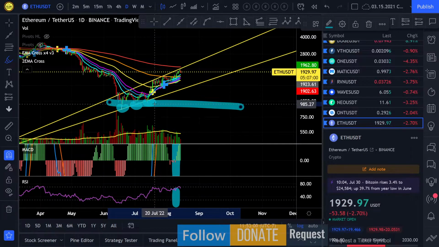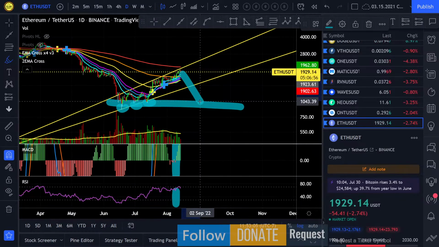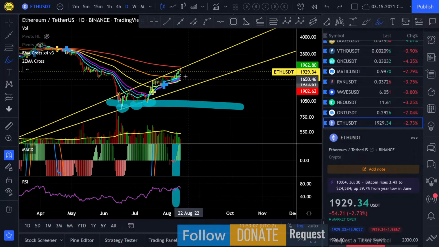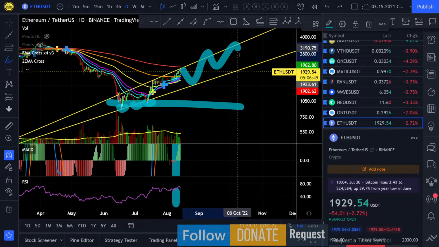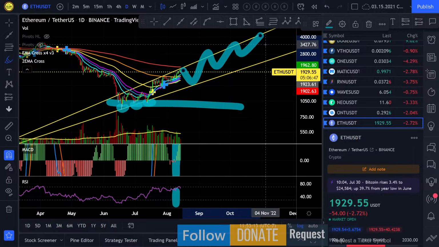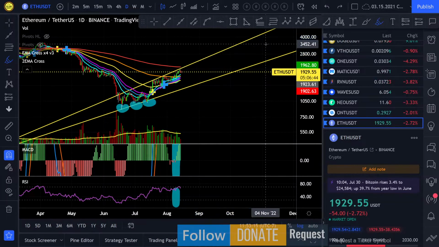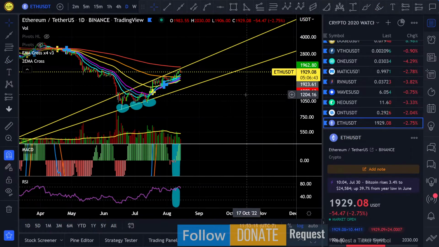As long as we don't lose this June-July low, we can pull back all the way back down to retest it and then try to either consolidate sideways or bounce back up, or just pull back halfway and then keep going up. It's totally normal in crypto. So hopefully that helps.